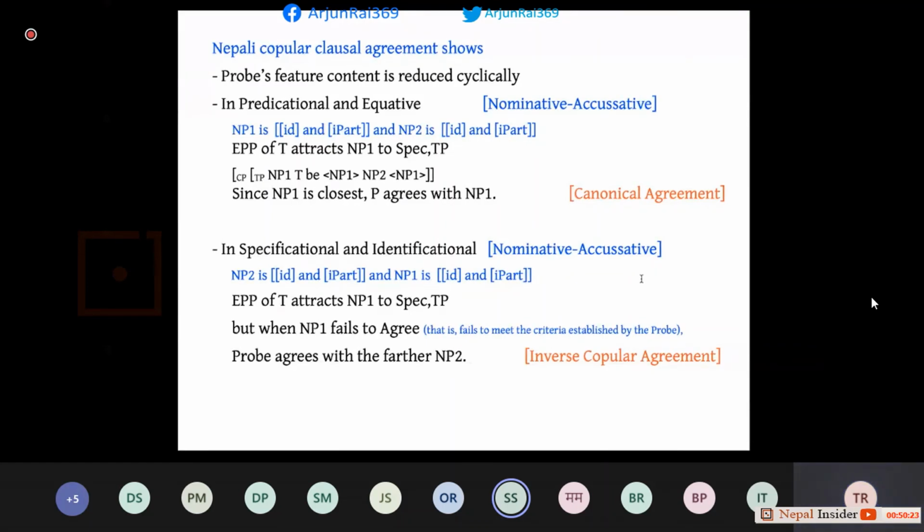So NP1 moves to spec TP on account of the EPP of T. And what happens is that NP1 fails to agree. There are certain probe conditions which don't match, therefore it fails. Now, for the probe to be satisfied, it looks further. And when it looks further, it finds NP2 with the similar feature. Therefore, it agrees.